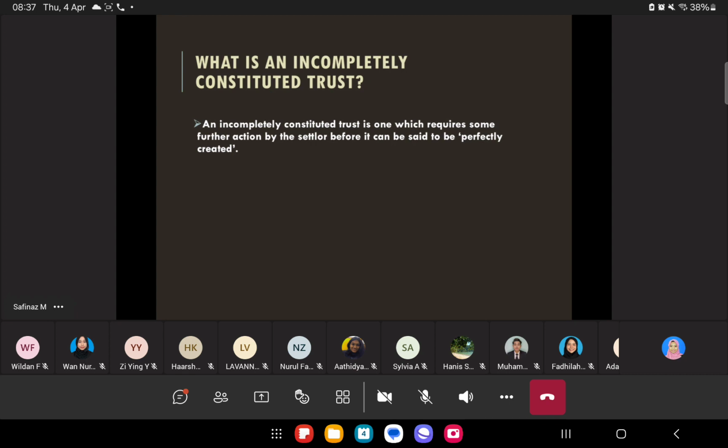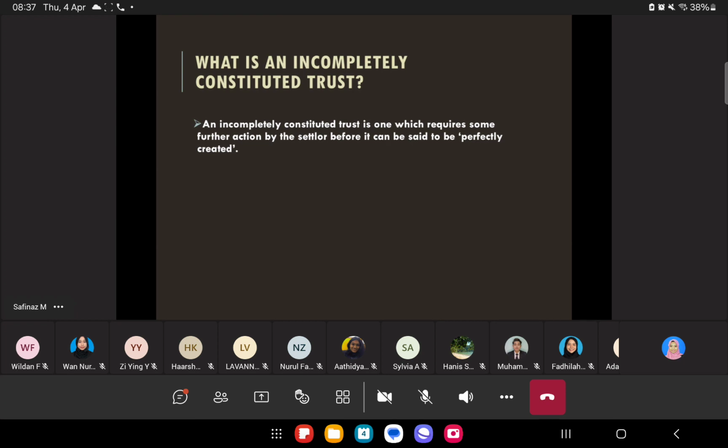Maknanya contohnya kalau dia proper vesting tu kan, dia mesti dah sign, dia mesti dah buat whatever procedure that he needs to do to effect the transfer. The transfer need not actually happen or need not actually materialize, tetapi on the part of the settlor dia dah lakukan semua perkara untuk proses pindah milik tersebut.